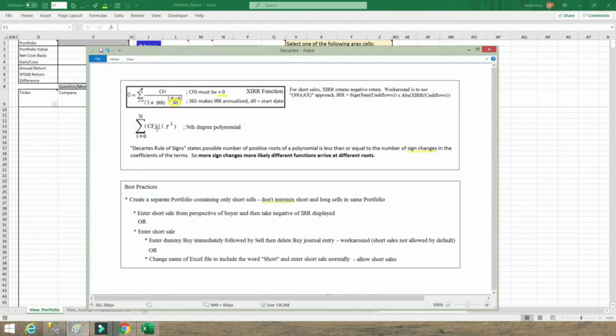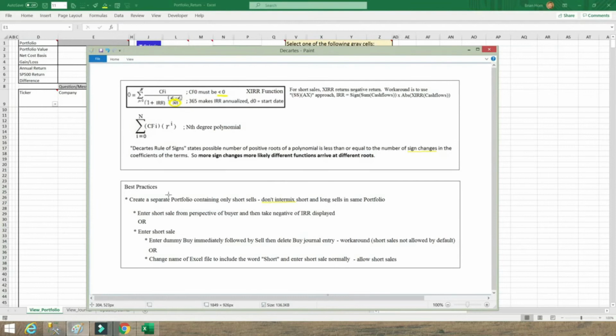But now you could have a short sell and a long buy occurring about the same time and end up with sign changes in the cash flows in periods right close in time to each other. So it makes it difficult, and so it's best to use some best practices to ensure that the rates of return that get displayed in the portfolio return application are appropriate.